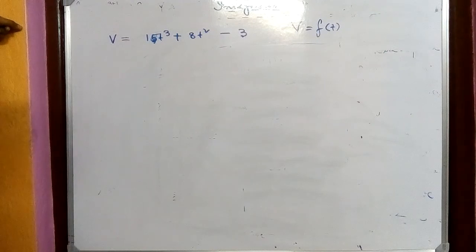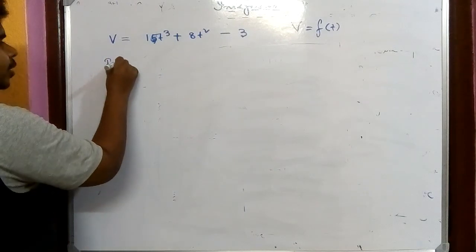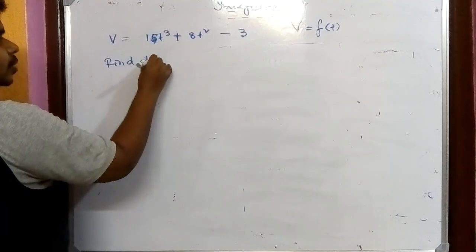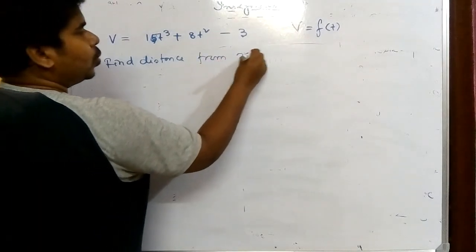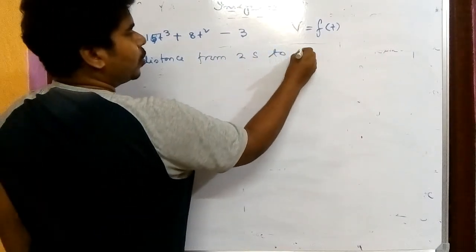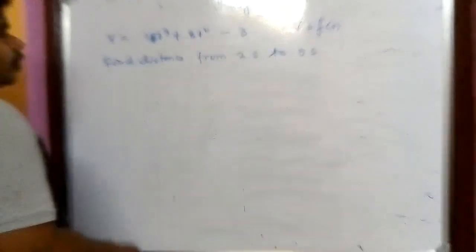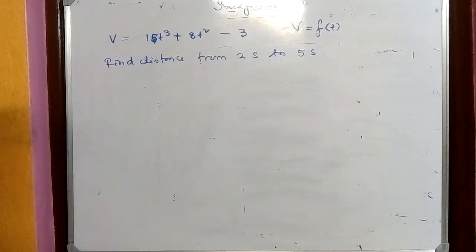We know that velocity is a function of t, so the t function is given. If we have to find the distance from 2 seconds to 5 seconds.